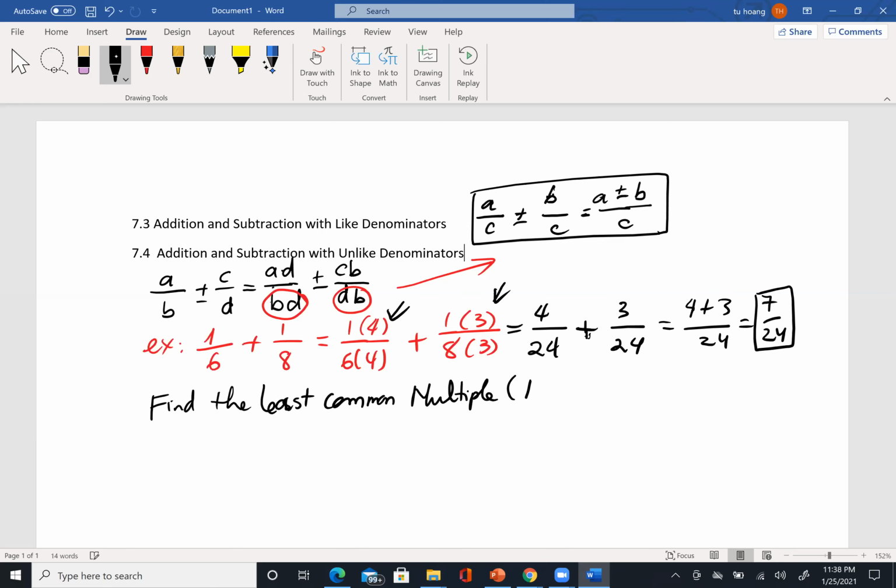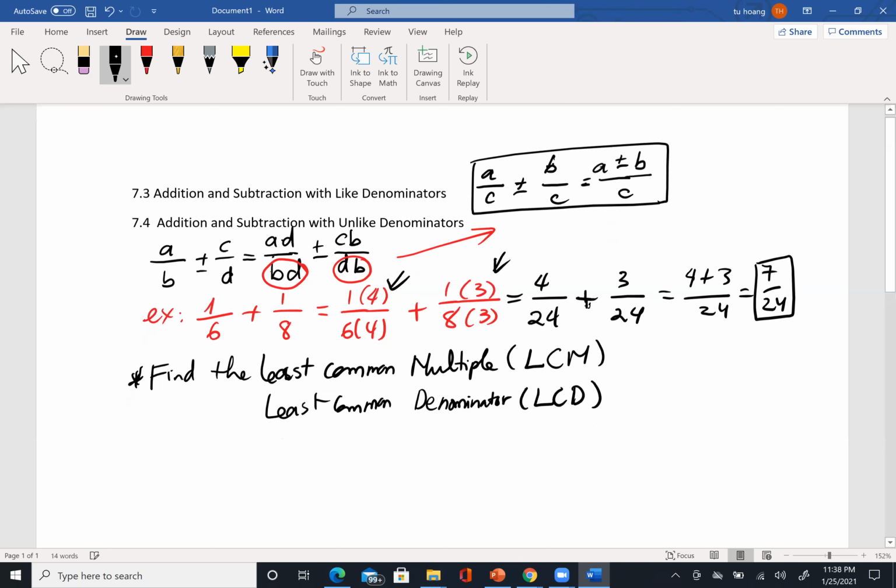We can also notate it by LCM. Some people also call this method finding the least common denominator, and it's called LCD.